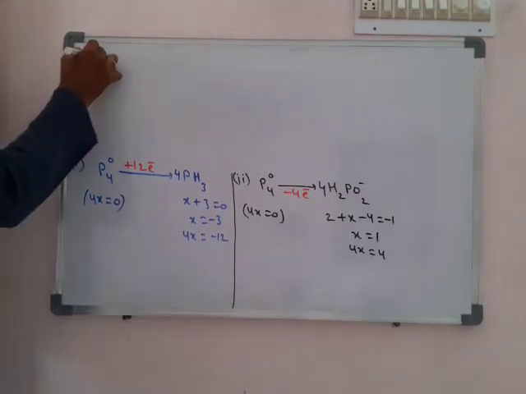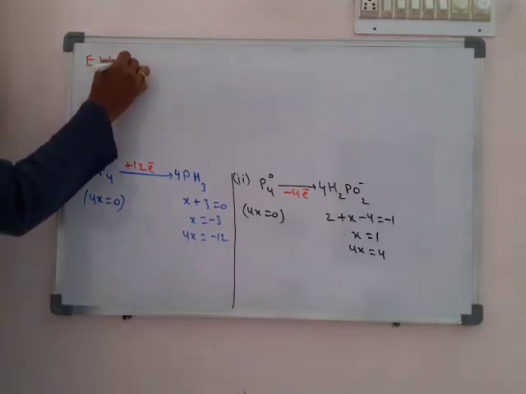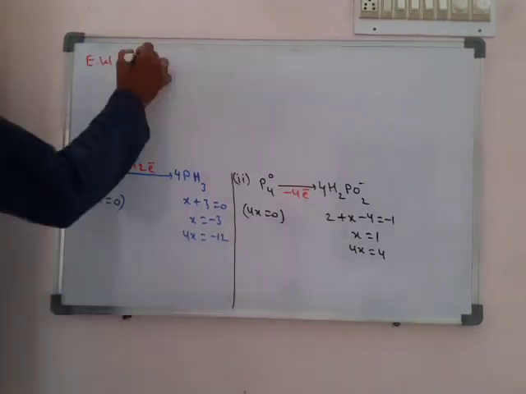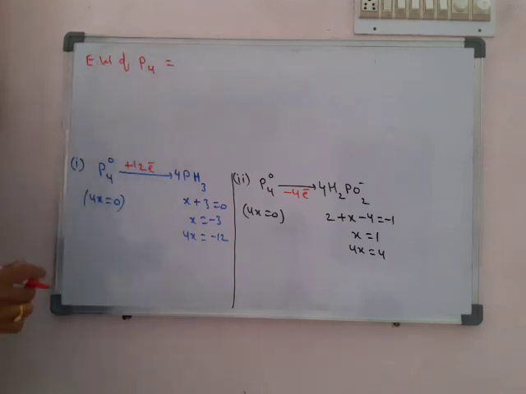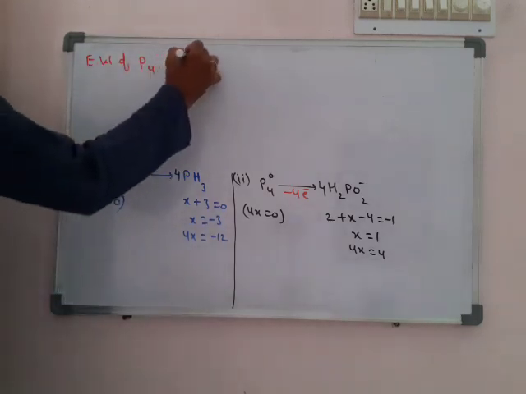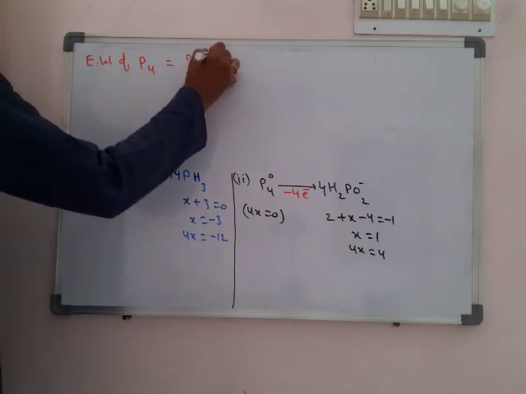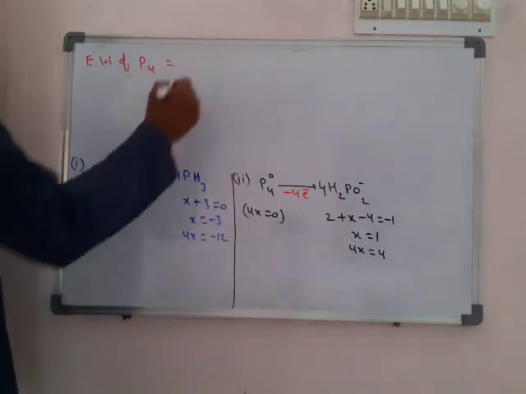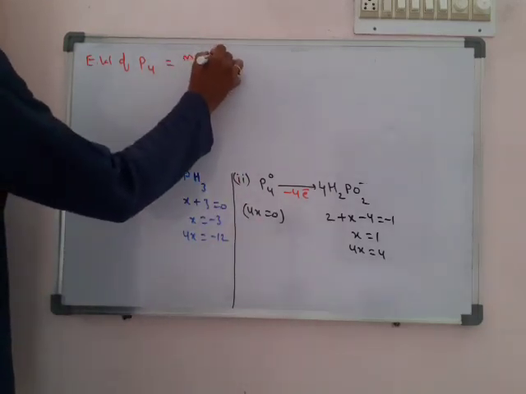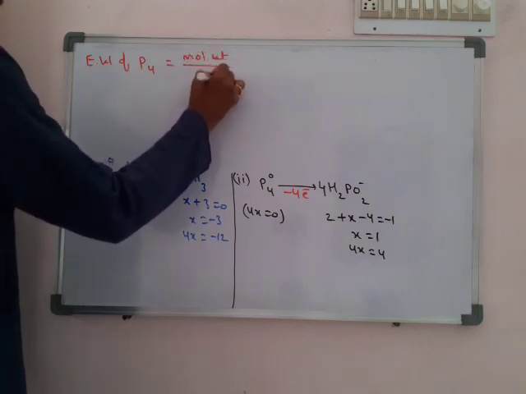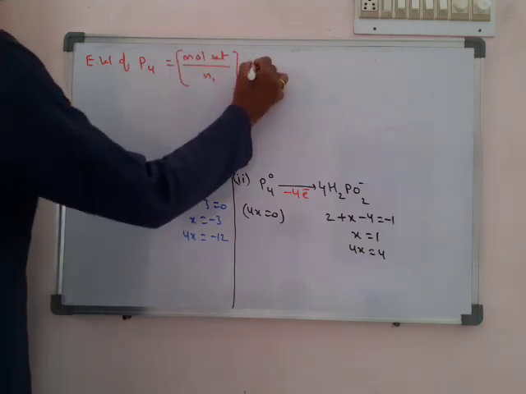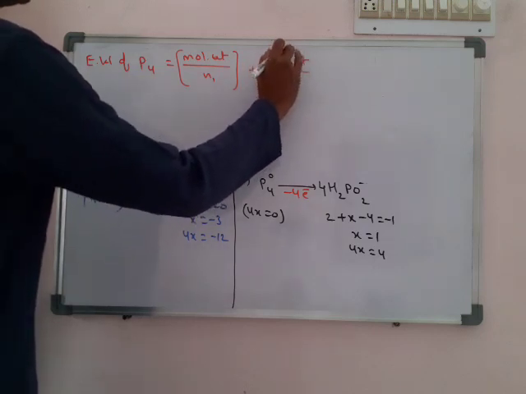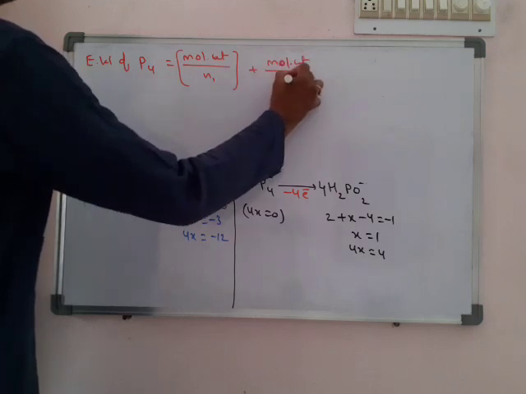So now we can write the equivalent weight of phosphorus equal to the molecular weight by N1, say molecular weight of that compound, molecular weight by N2.